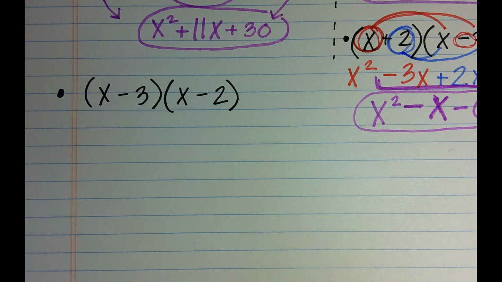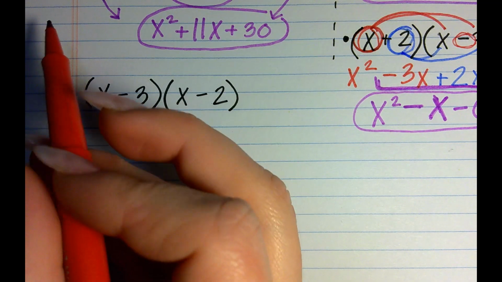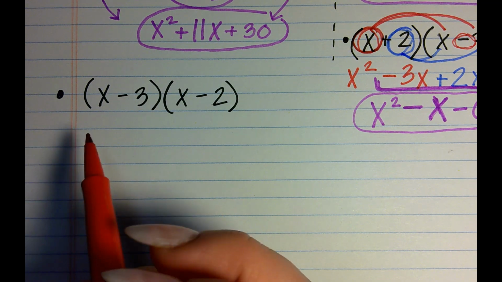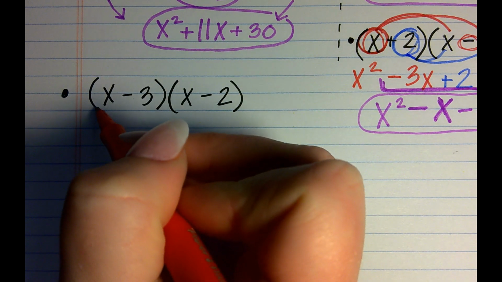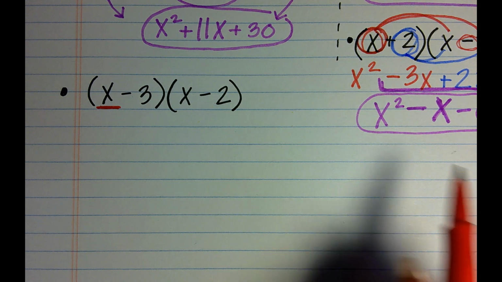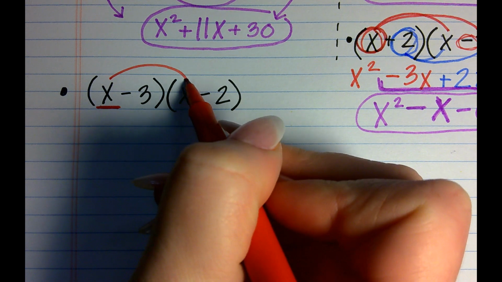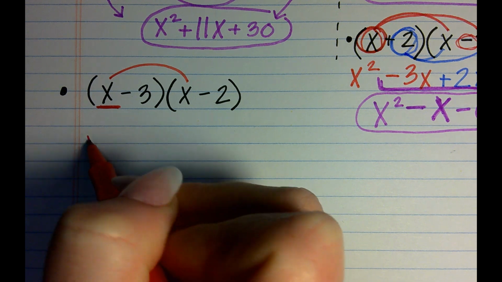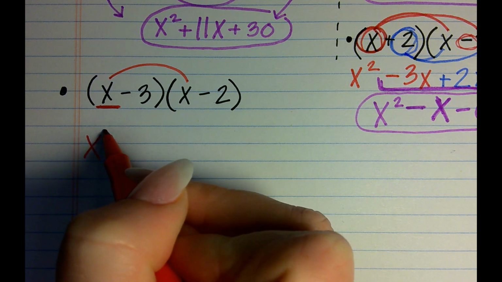Take a look at what that's going to do to our answer. Using the FOIL method, we're still going to do the same steps. We start with our first terms, which are x and x, which give us x squared.